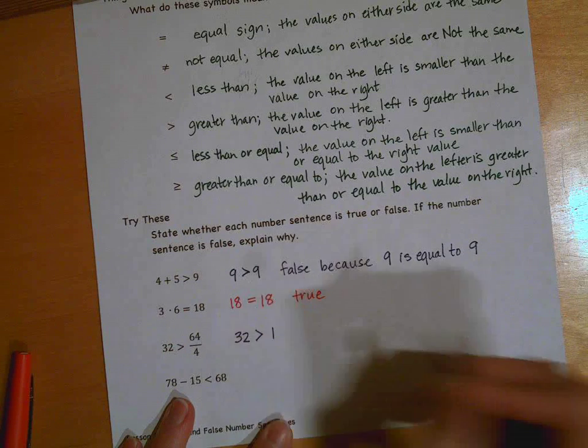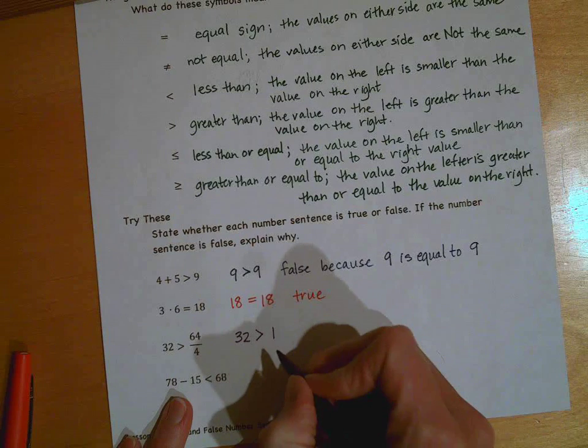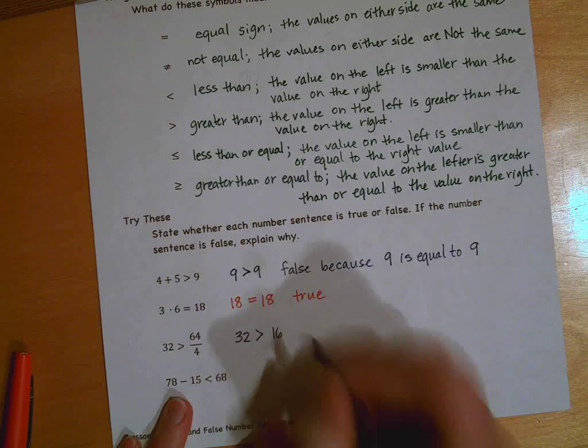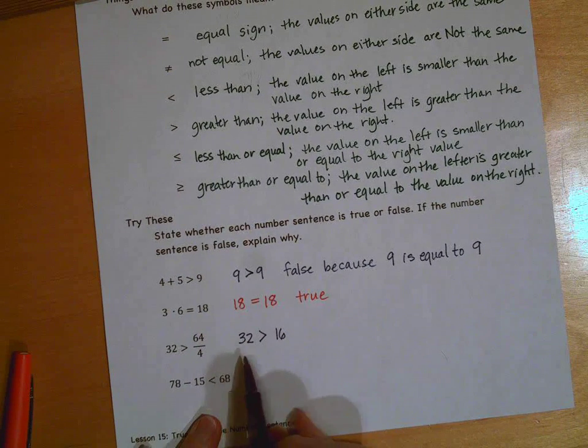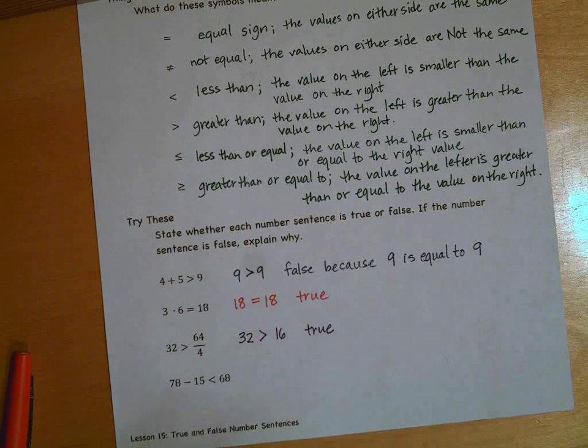I know that 4 goes into 6 one time with 2 left over. Bring down the 4, that makes 24. 24 divided by 4 is 6. And so now it says 32 is greater than 16, and the answer to that one is true, because 32 is greater than 16.